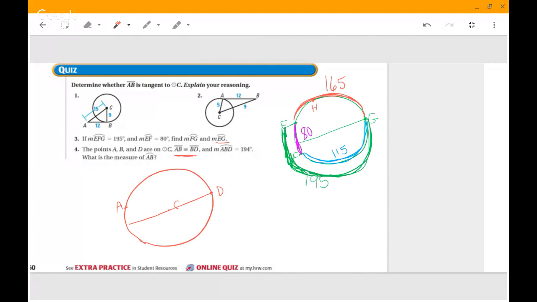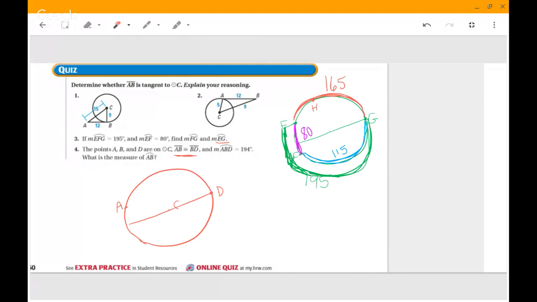So it says this whole thing, all that is 194. And then I'm going back to this AB thing. AB is congruent to BD. So where should I place B? So right, like a little bit to the left of 194.